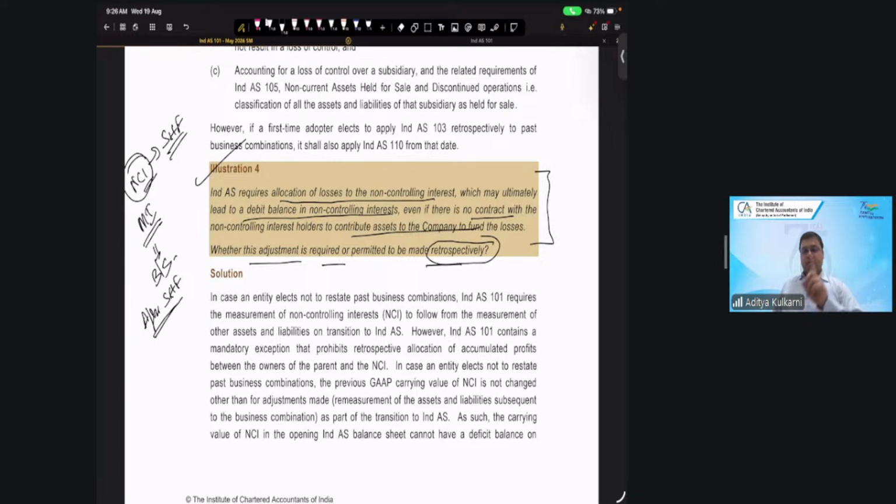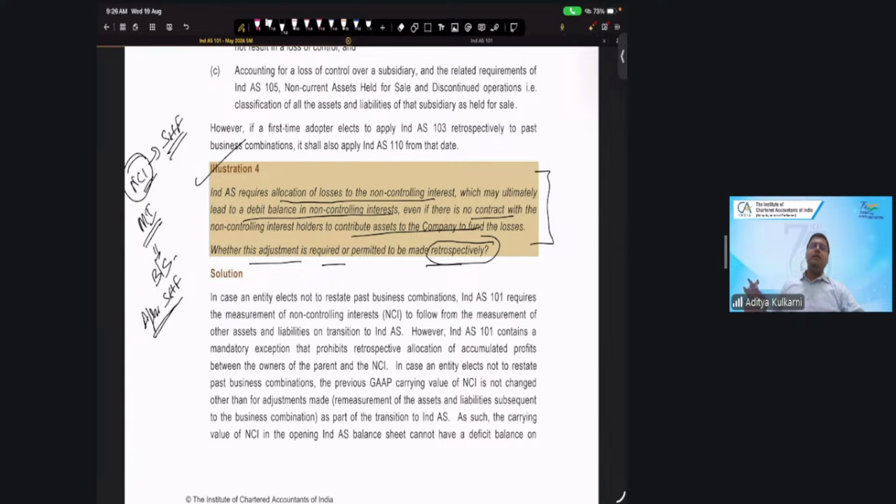What did I say? Ind AS 101 permits you to choose the date of restatement in the event of a business combination. Yes, it can be any date of your choice. It could be the actual date of acquisition, in which case you will go back in time and do a restatement.